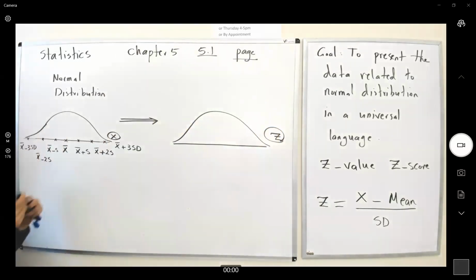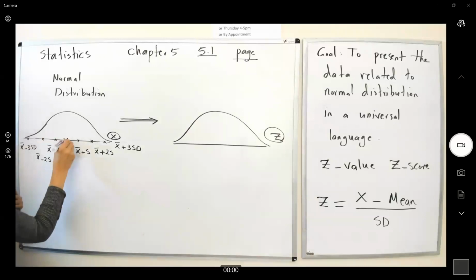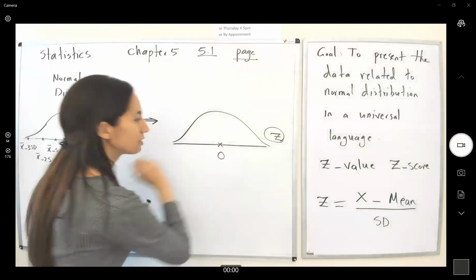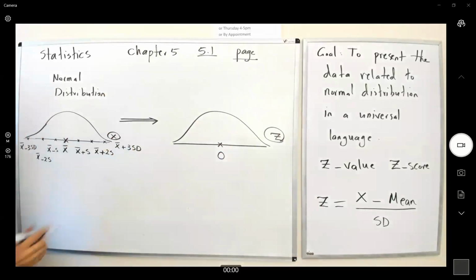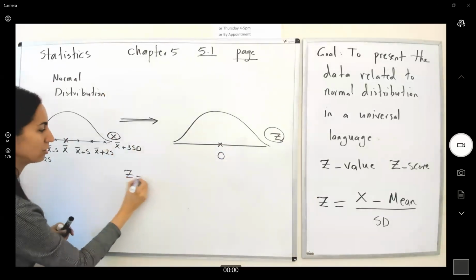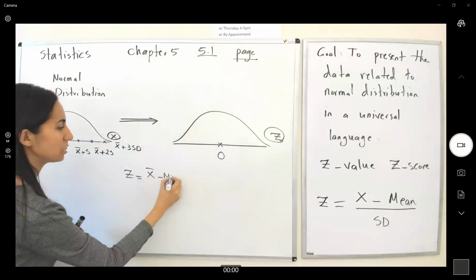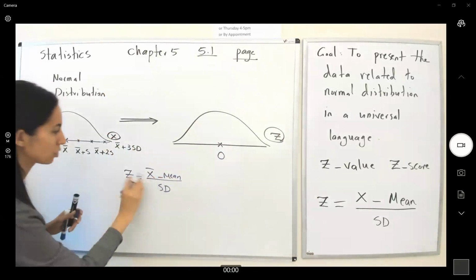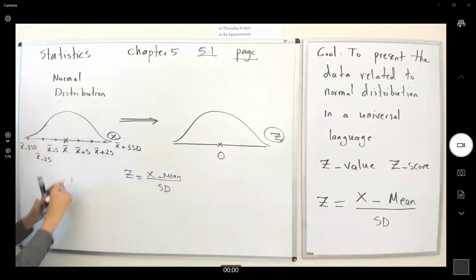The center of your data was x bar. What is the z? Z is going to be 0. Why is that? Because z is equal to x minus mean divided by standard deviation.